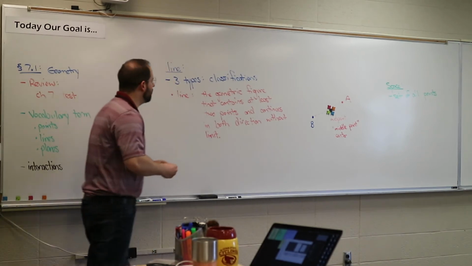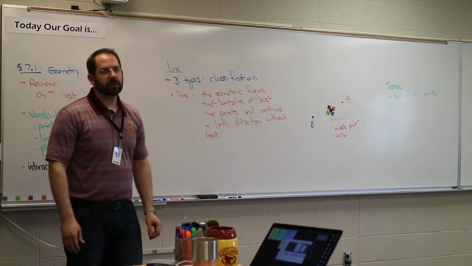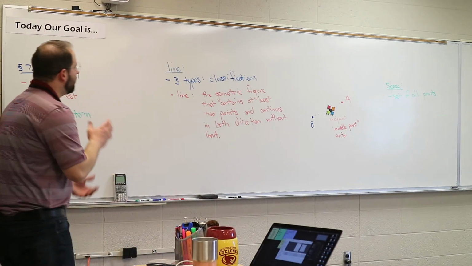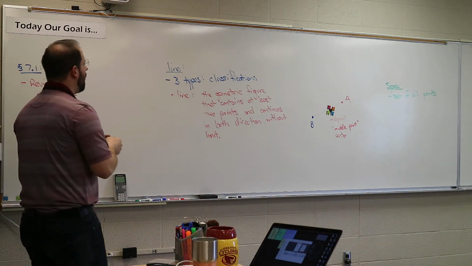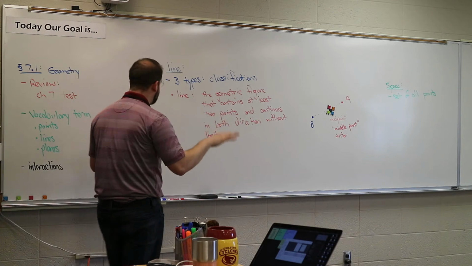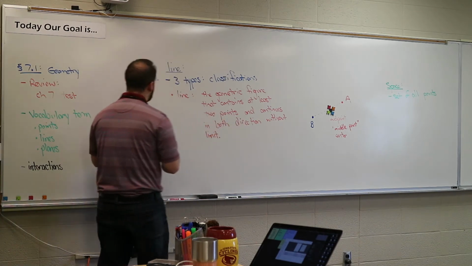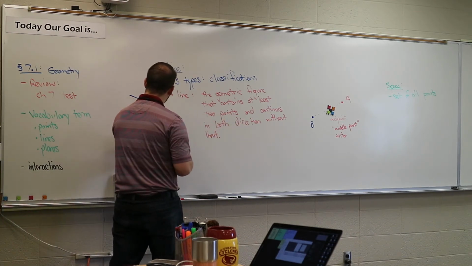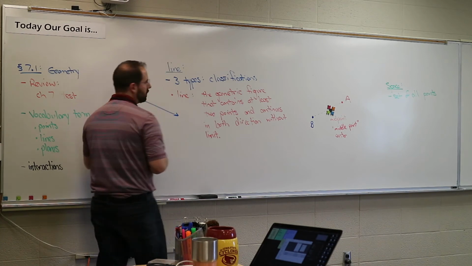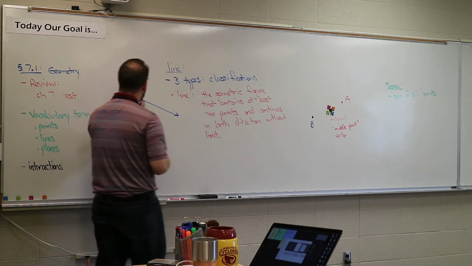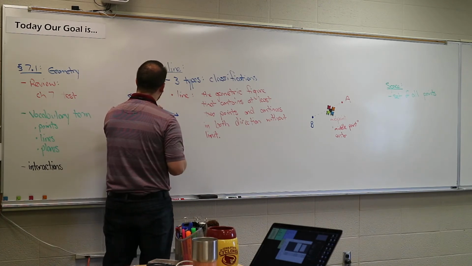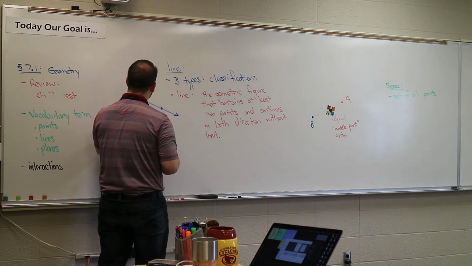Okay, that's a long definition. Let's discuss. A geometric figure that contains 2 points on it, and it will continue in both directions without limit. Here is a picture of a line. They have arrows on it. Arrows mean it goes on forever, both directions. It contains at least 2 points. Let's call this C and D.